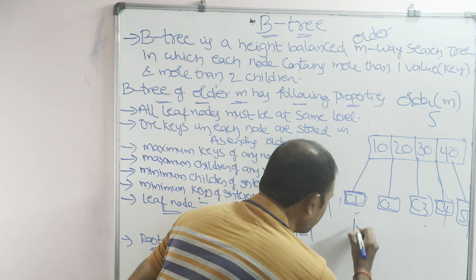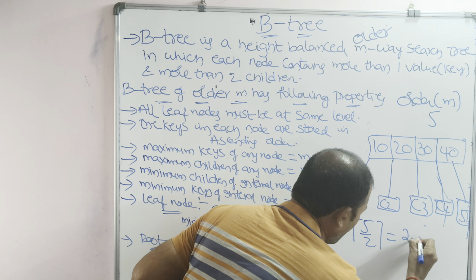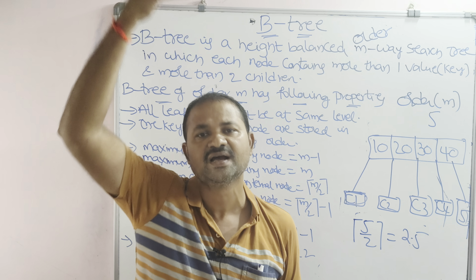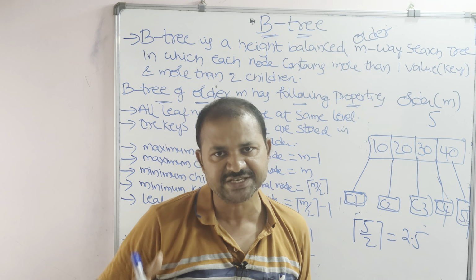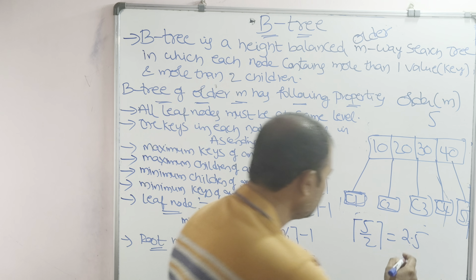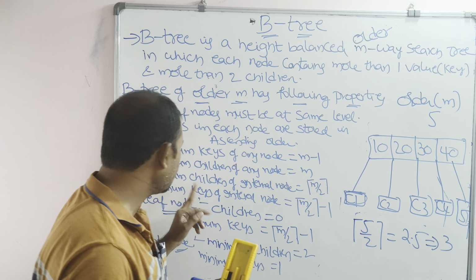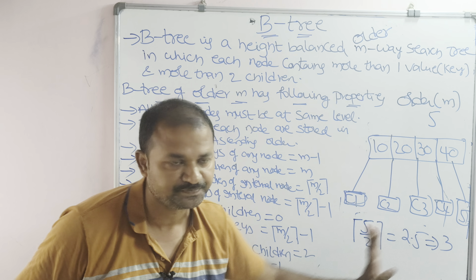So 5 by 2, what is the result? 2.5. So this is ceil. Ceil will always give the higher integer value. So ceil means top portion, whereas floor means bottom portion. So ceil of 2.5 means we will get 3. So the minimum children of any internal node are 3.